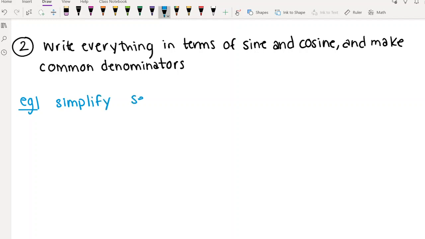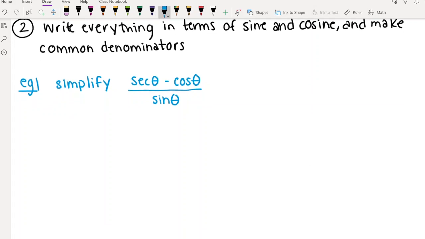This is an example where, if you wanted to, you could actually use method 1. You could start by breaking this up into 2 fractions and then simplifying each of them. But personally, I think that the method we're about to use is a little better on this specific example. I would encourage you to try it the other way and verify that you get the same answer either way.